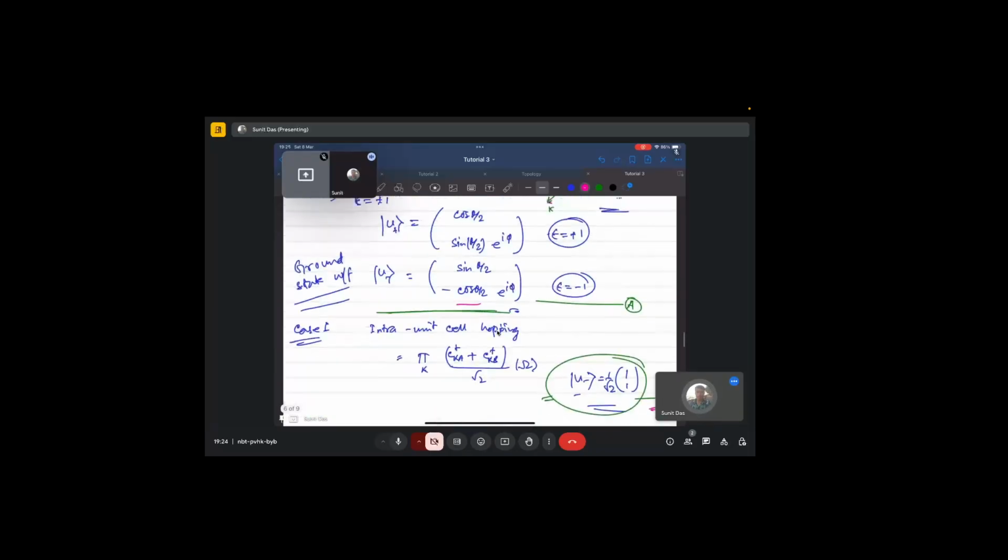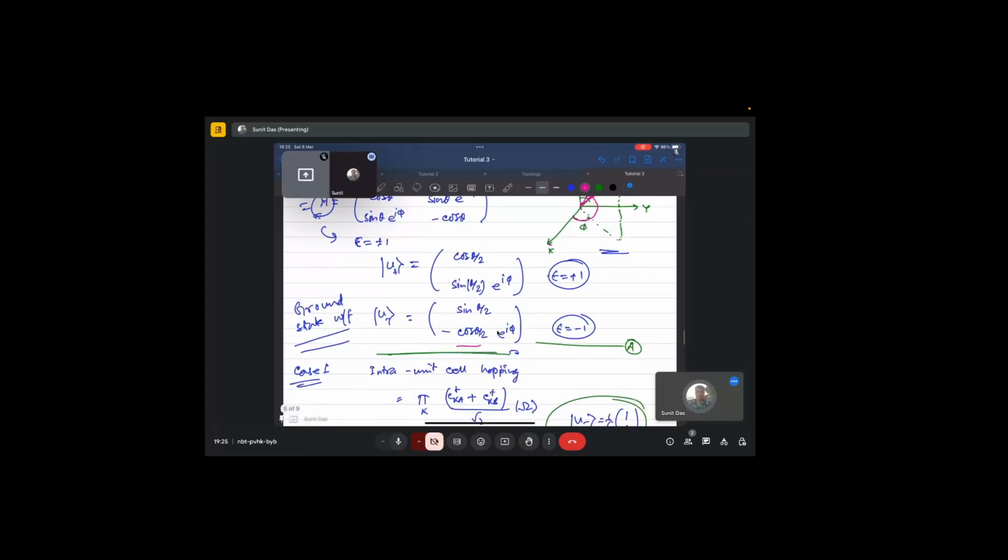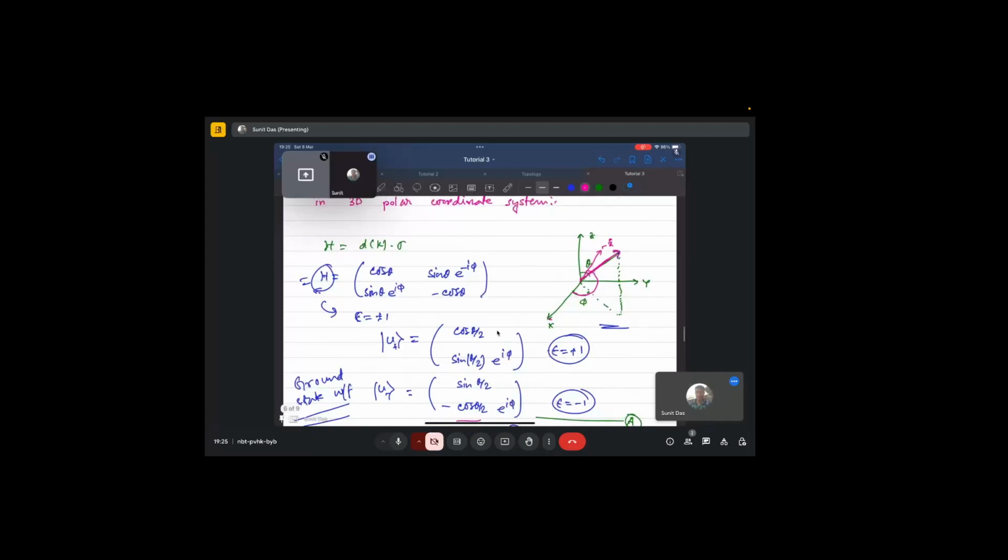Or another way to look at this, when the gap closes, in our case it closes at epsilon equal to 0, right? Now, when epsilon equal to 0, the vector has no value. So, remember this was the Hamiltonian. The magnitude of this vector was unity, right, and in our case it was minus t.